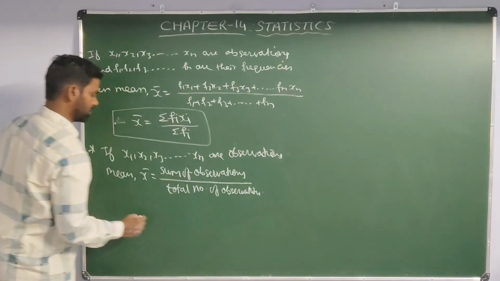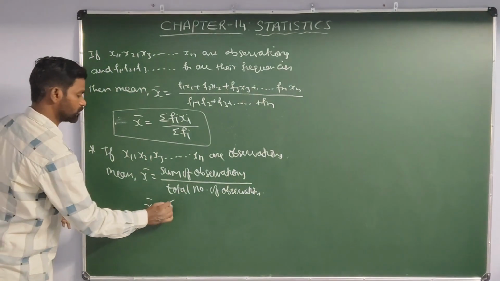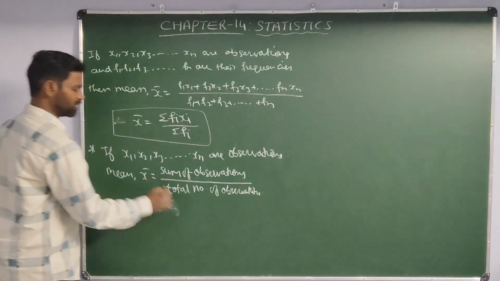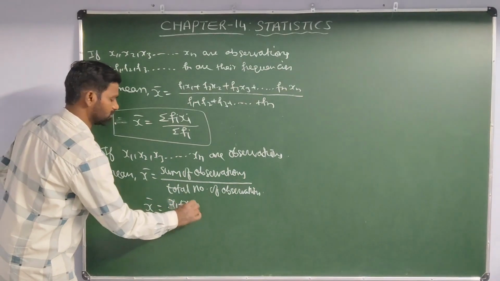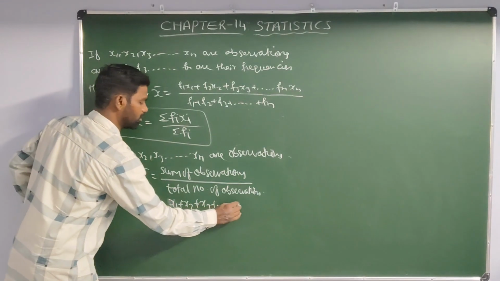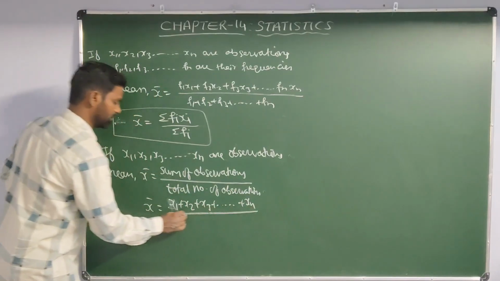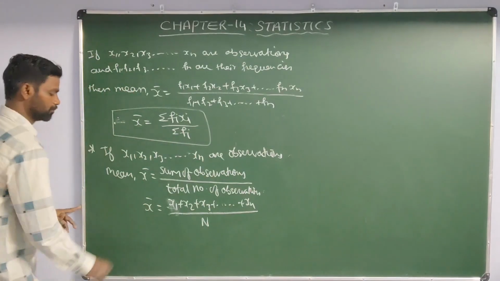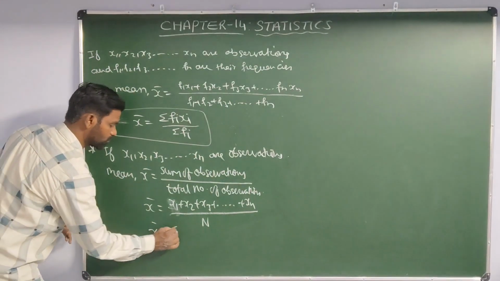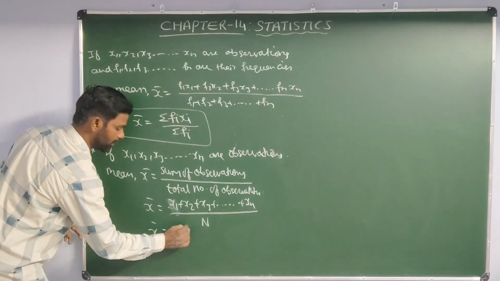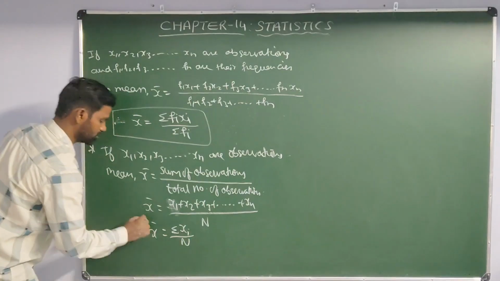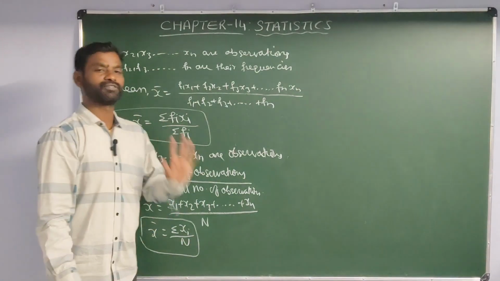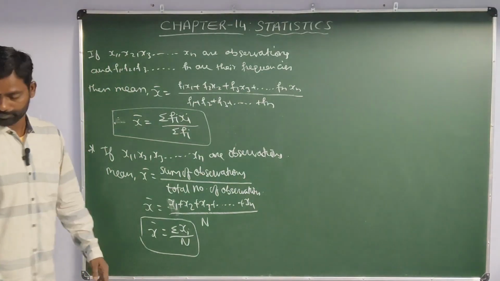So in short, we can write x bar is equal to the sum of observations, x1 plus x2 plus x3 plus so on xn, divided by the total number of observations. How many observations are there? n. So simply we can write x bar is equal to sigma xi by n. This is the short form of writing the mean when only observations are given.